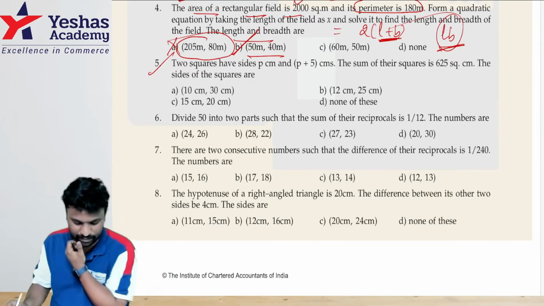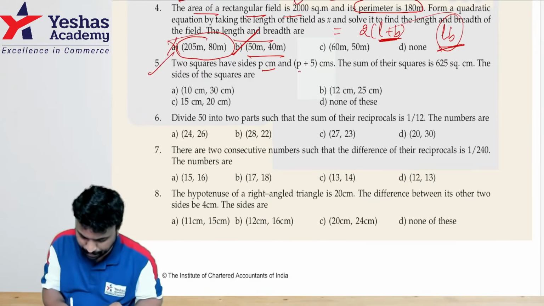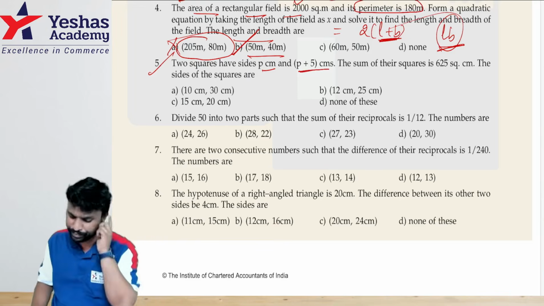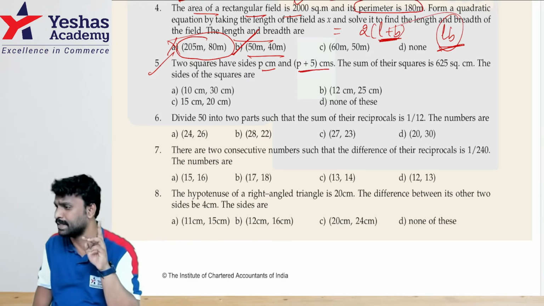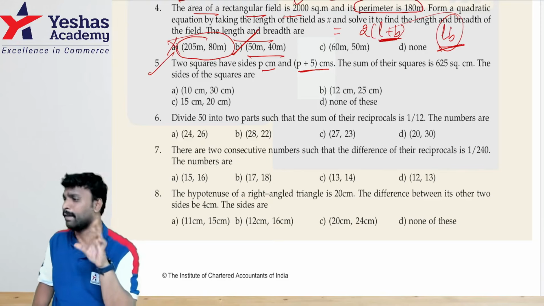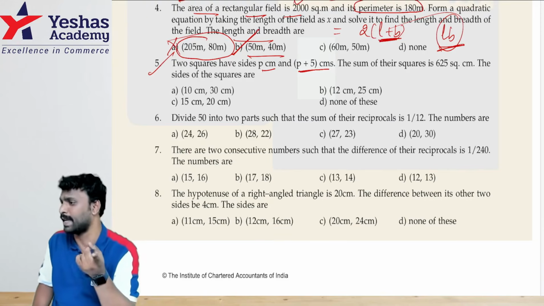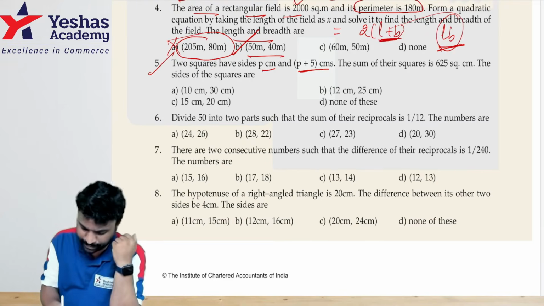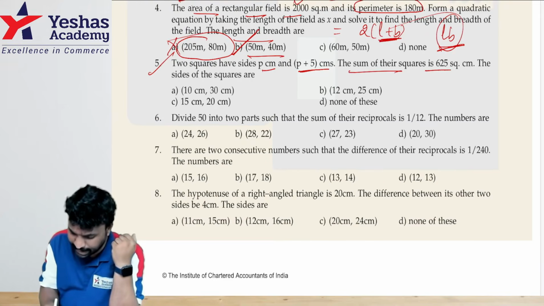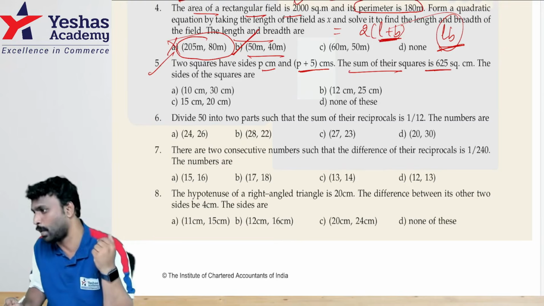Two squares have sides P centimeters and P plus 5 centimeters. If one of the squares has side P centimeters, the other square's side will be 5 more than that, as simple as that. The sum of their squares is 625 square centimeters.